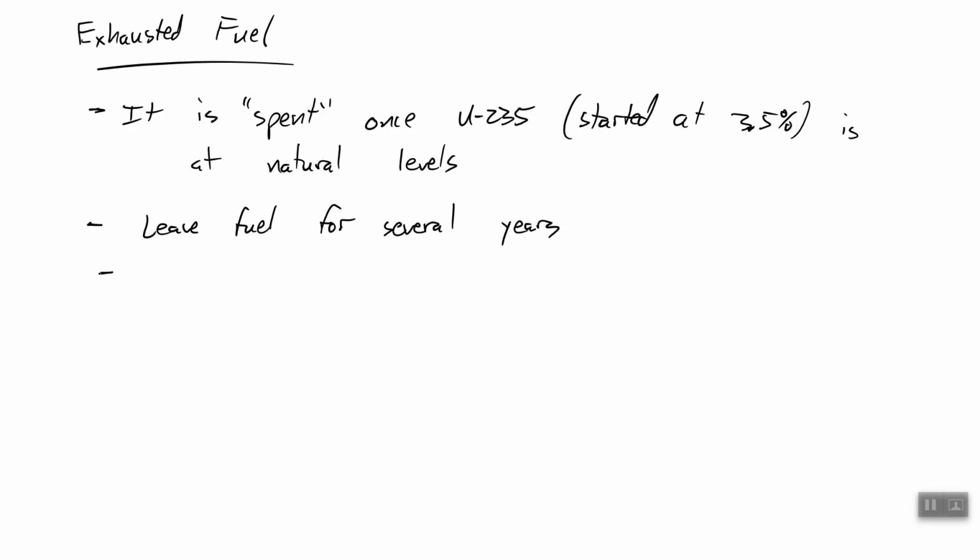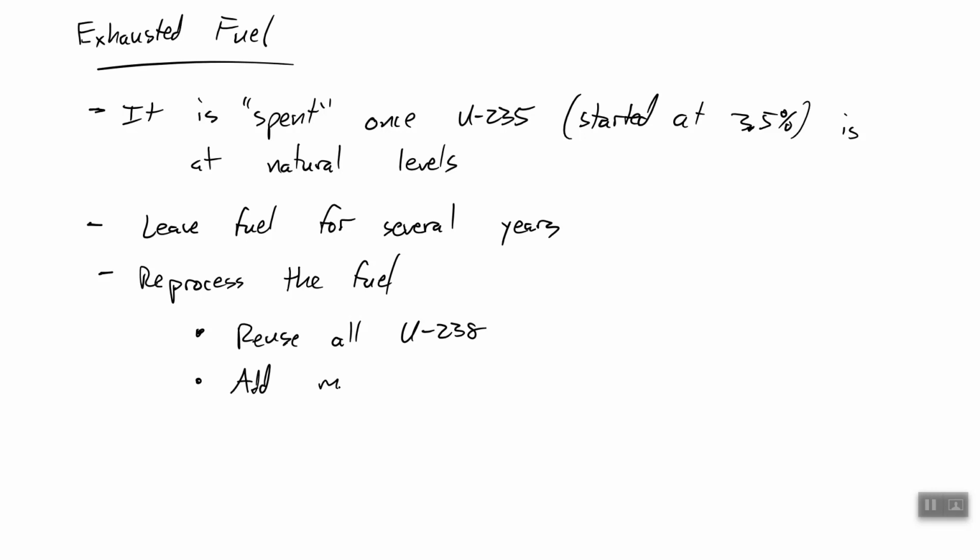Then we reprocess the fuel. Okay, and what we mean by reprocess is we reuse all of the U-238, and then we add more U-235, which we've refined from natural uranium. There's also plutonium, which is used as fuel for newer reactors.